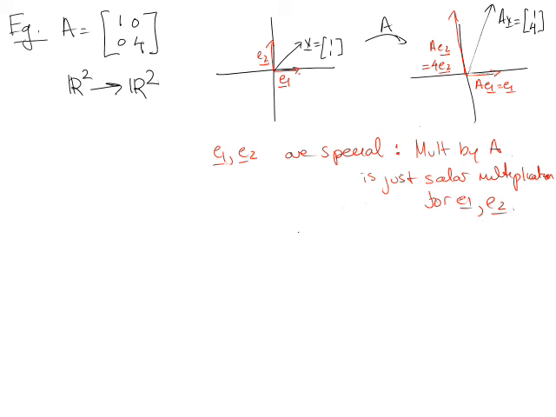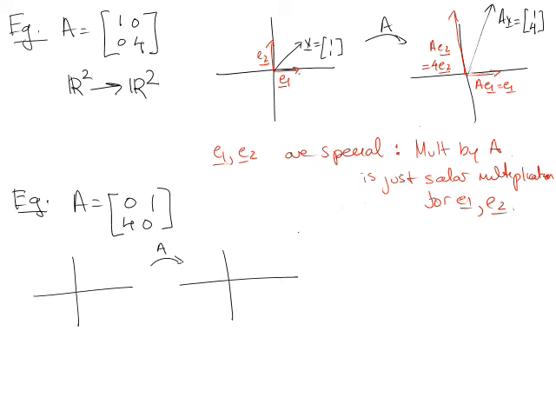Okay, let's look at a slightly less obvious example. Let's consider the matrix with entries 0, 1, 4, 0. Again, a linear transformation from R2 to R2. And here, again, the question is, are there any special vectors? Well, let's just plot a few vectors.